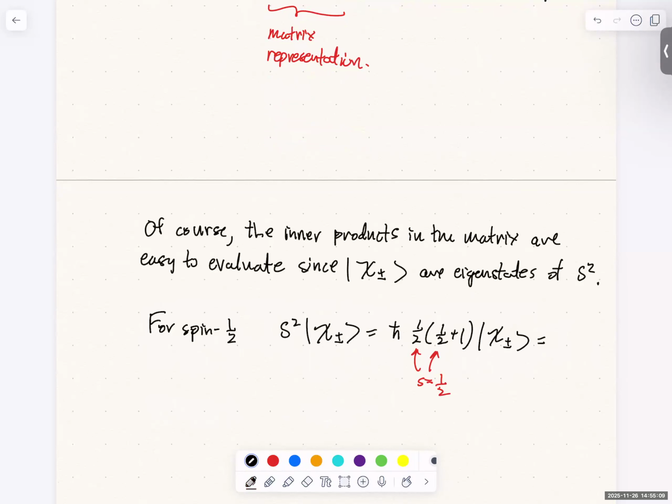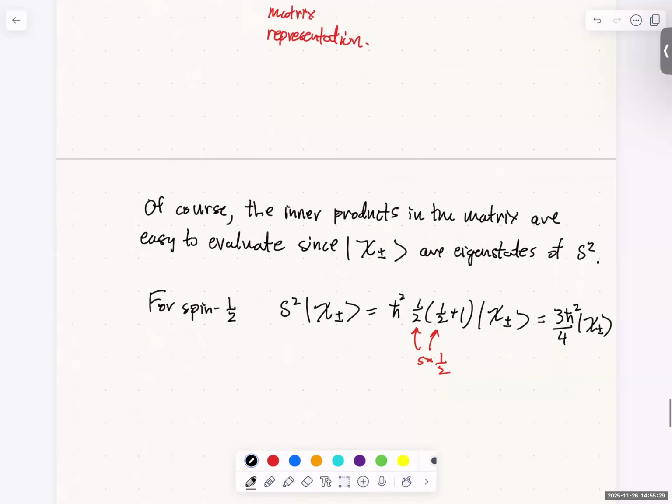But 1/2 plus 1 is 3/2, and 3/2 times 1/2 is 3/4. And so we get 3 h bar over 4. Sorry, it's an h bar squared. 3 h bar squared over 4 chi plus minus.